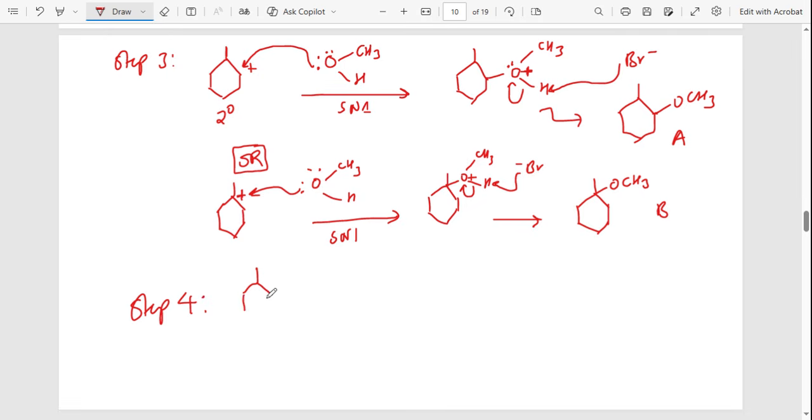So I've got this compound with a positive charge here. And then what you see is that the same O, CH3 with a hydrogen, what happens is that you are going to look at one carbon away from where the positive charge is.